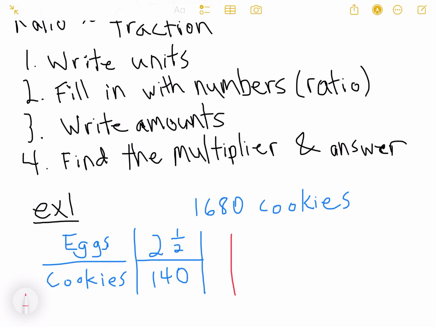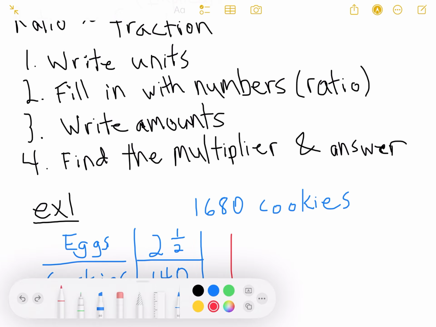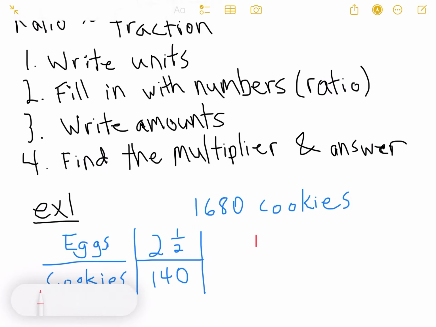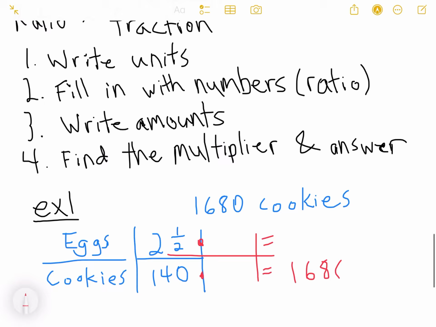Now, this might be new to you. I don't know if you learned it this way before, but this is my multiplication column here. I need to multiply something right here, and then it gets to my last column, which is my equals column. Well, my 1,680 cookies goes here, and in order to get to 1,680 cookies, I had to multiply 140 by something.